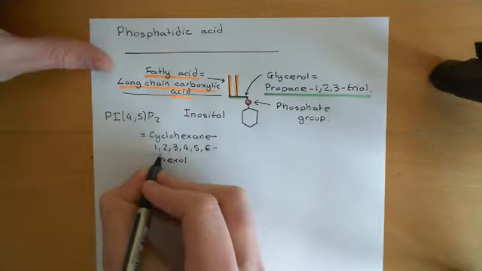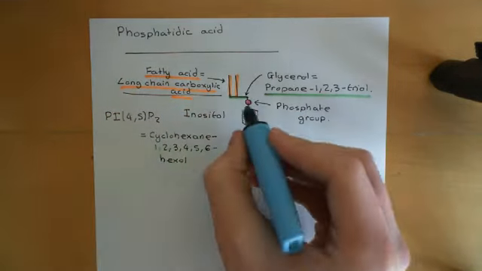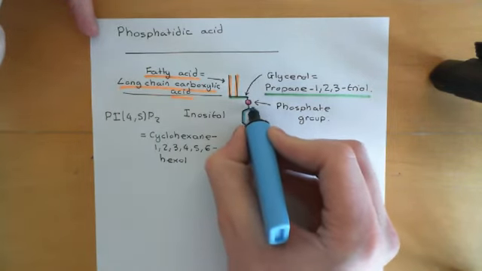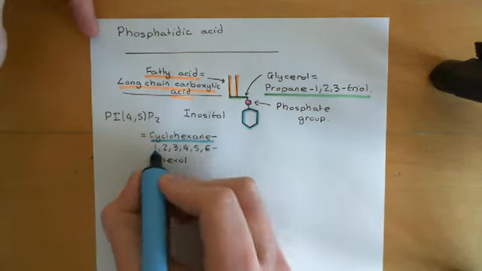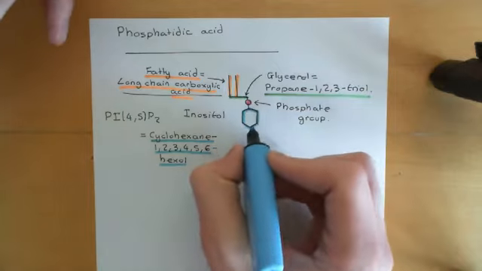So of every single one of the carbons of the cyclohexane ring, you have an alcohol group coming off, and that means that overall the entire molecule has these 6 alcohol groups, one off each of the carbons of the cyclohexane ring.